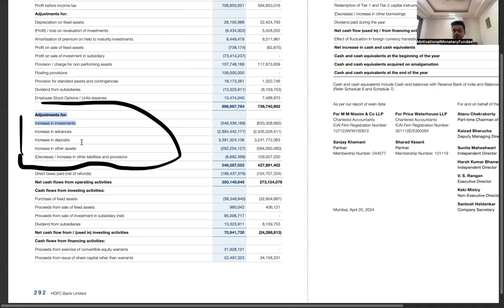And the question that comes into place, I don't know why no one is asking me that question. Most of the people have asked me, in multiple colleges and other batches, they tend to ask me, sir, investment का जो component होता है, that should ideally come in cash flow from investing activities. But why are these investments or these deposits or these advances coming in the operating activities?